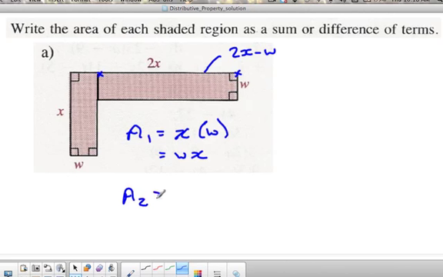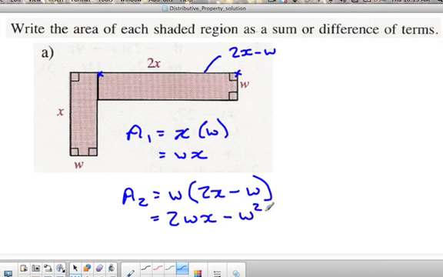So area 2 is going to be w times 2x minus w. When we expand using the distributive property, it's going to be 2wx subtract w squared.